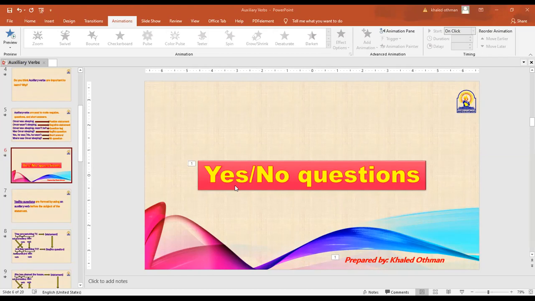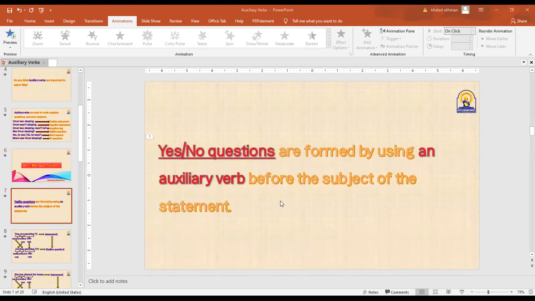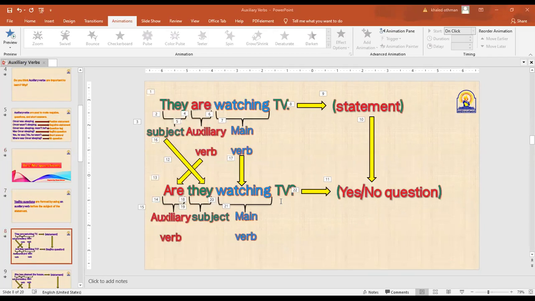How can I make a yes or no question, Abdulaziz, if you can remember? Okay, let's take an example here. They are watching TV. This is a statement. How did we change this statement into a yes and no question? Are they watching TV? What did we do? What are the steps?